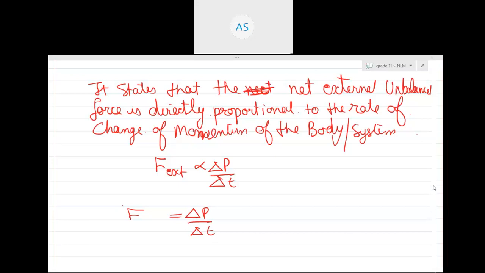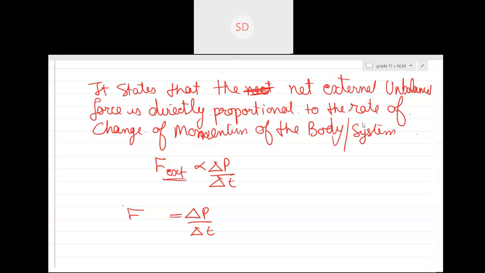I'm asking whether, if you are sitting inside a car and pushing the car, will that car move? No, sir. Why didn't it move? You are applying a force, the car should move, right? So the point is this: whenever there is an internal force applied on a system, that internal force never contributes to motion. That is why the force which changes the momentum of an object is always the external force.